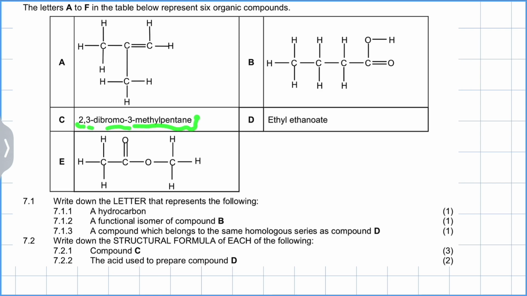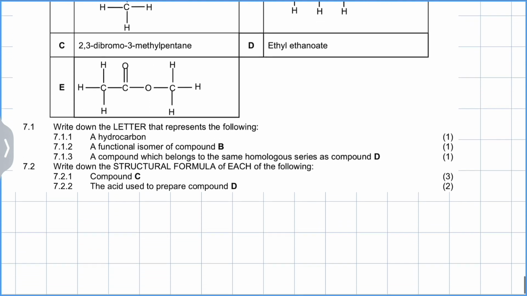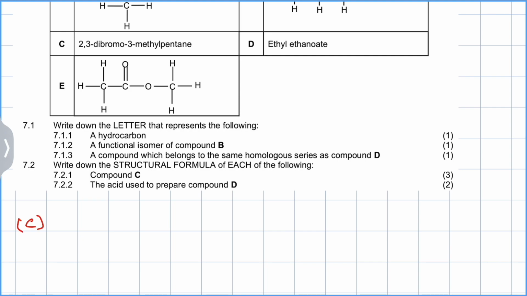2,3-dibromo-3-methylpentane. If you are not given a structure, I prefer to actually draw that structure. So compound C should look like this. The parent chain there will be pentane, so there are 5 carbons. Then you have 3-methyl: 1, 2, 3, that's the methyl.